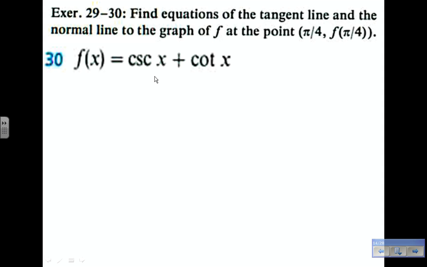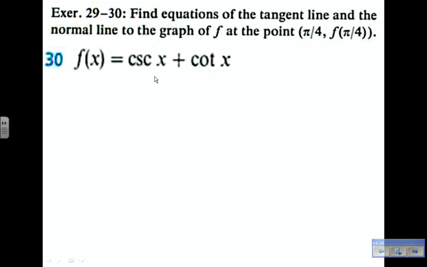So the cosecant of pi over 4 is root 2. What's the cotangent of pi over 4? Yeah, 1. It is 1. Nice! See, that didn't hurt too bad, did it?